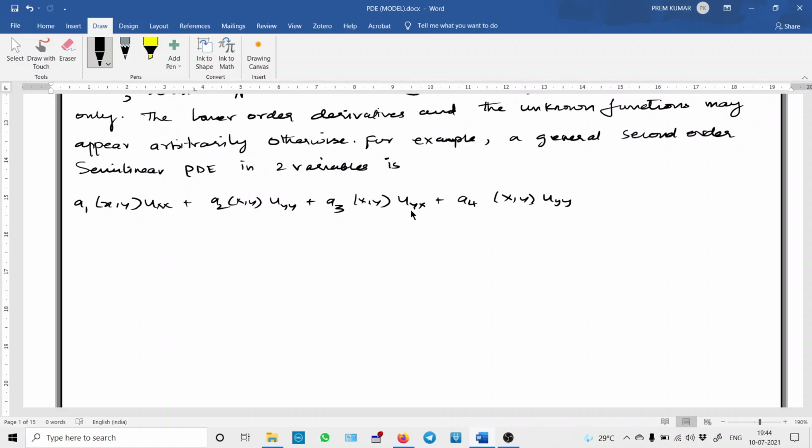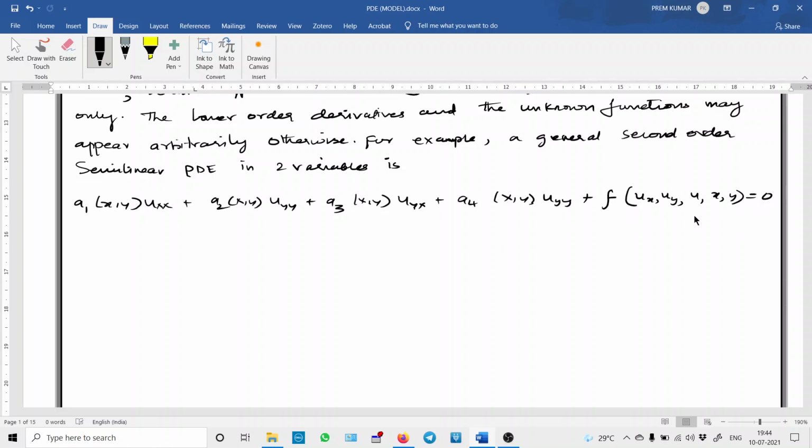Those terms must be linear, and the remaining lesser order terms, that is u_x, u_y, u and other functions, everything we group together, and they may be linear or they may be products like u u_x, u u_y, or u_x u_y. So we put it like this: a function of u_x, u_y, u, x, y. The right hand side function is also included in this, and we equate it to 0.